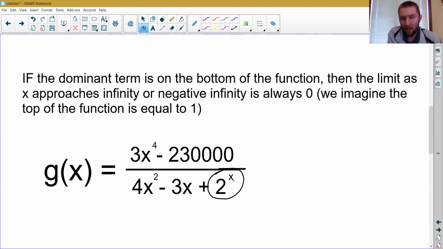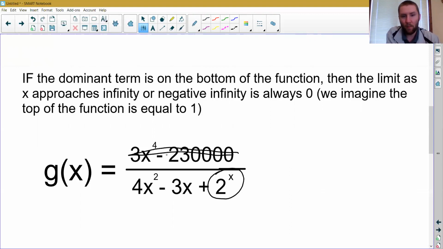So because that dominant term is on the bottom, all of this stuff on the top of the fraction is basically nothing in light of that. Because 2 to the x is going to get so huge, so fast, that it's going to be way, way bigger than 3x to the fourth minus 230,000. None of this stuff up here matters at all.